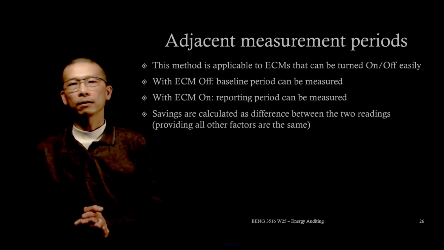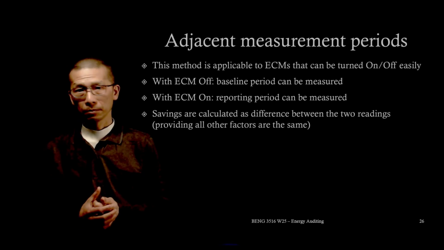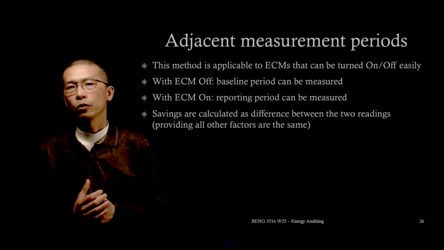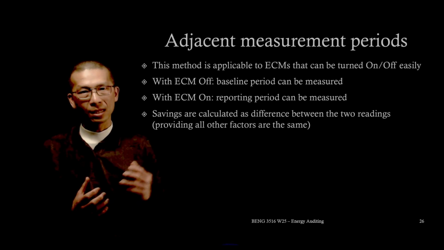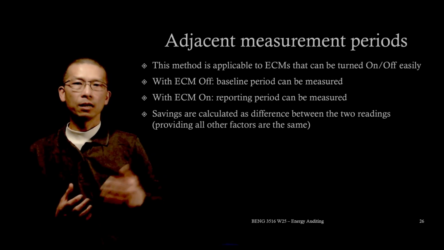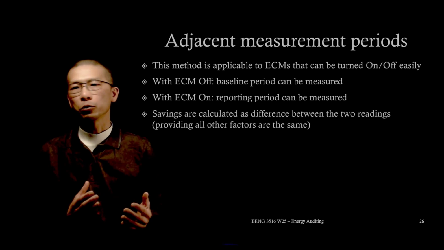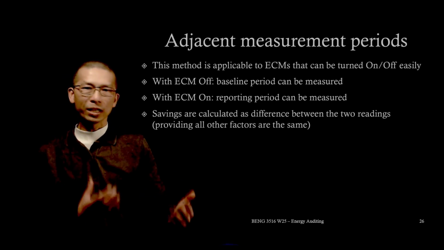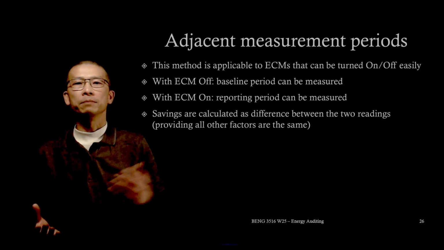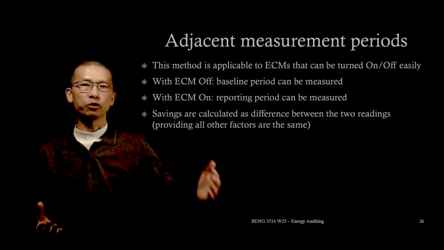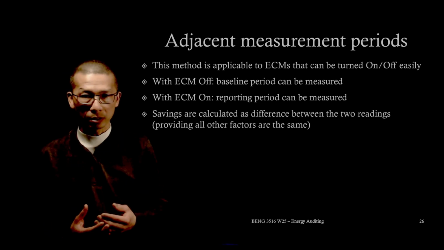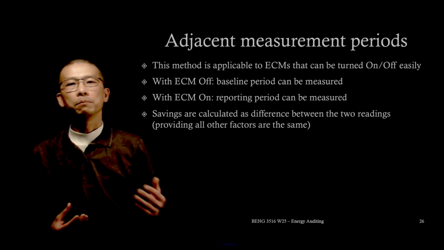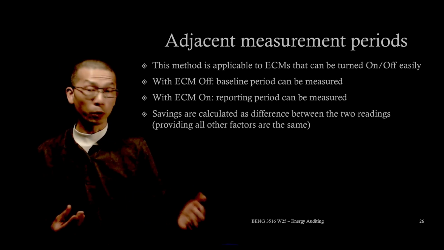Now, let's talk a little bit about measurement method. Adjacent measurement period. This method is used for energy conservation measures that can be easily turned on and off, allowing direct comparison between energy use with and without the ECM. So with ECM off, we measure the energy consumption during the baseline period, and with ECM on, we measure energy consumption during the reporting period.